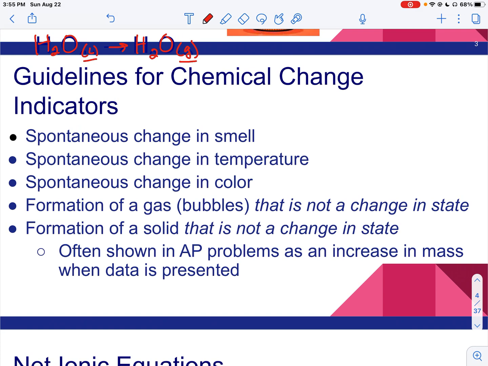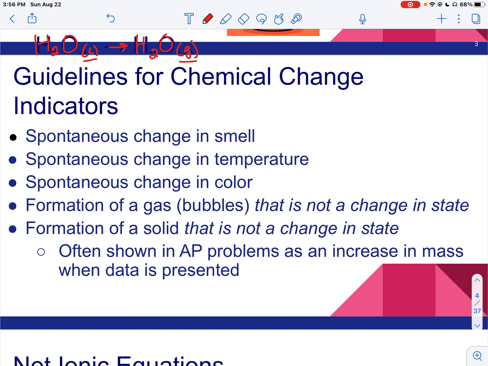Okay? So if you see an increase in mass and you want to say physical change, take another look at it. Was it open to the air? Because it might be a chemical change if it was. Okay, obviously look at the whole picture and all the information you have, but don't forget about air.